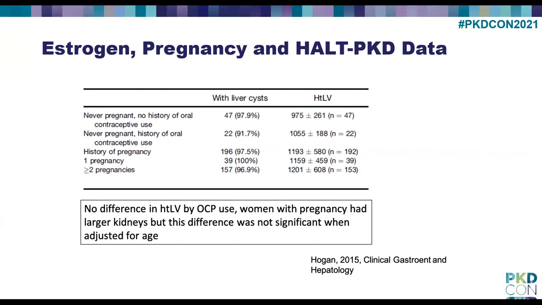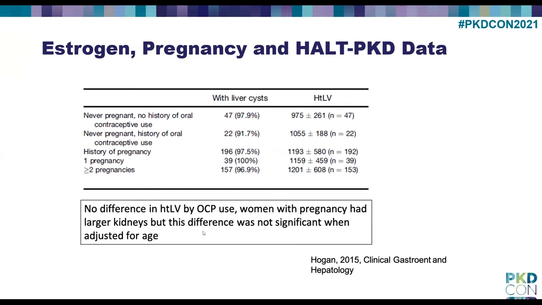And the more modern look at that data comes from a retrospective analysis of one of the HALT studies. And here what they found was that there was no real difference in liver volume by oral contraceptive use.